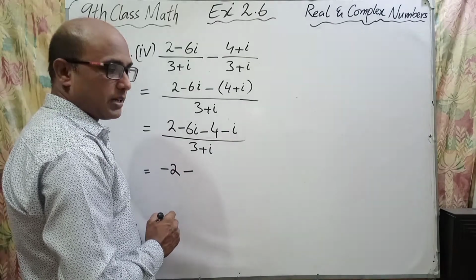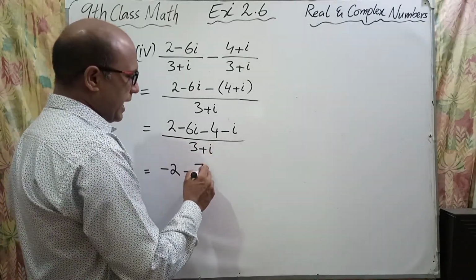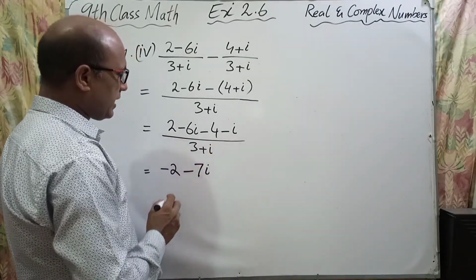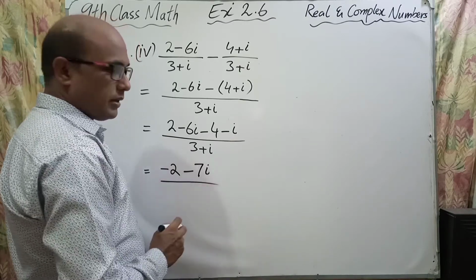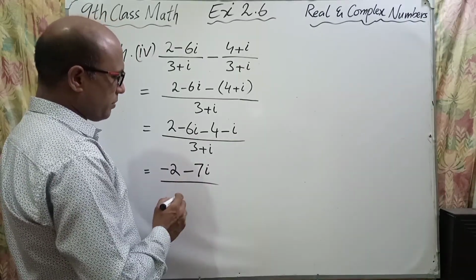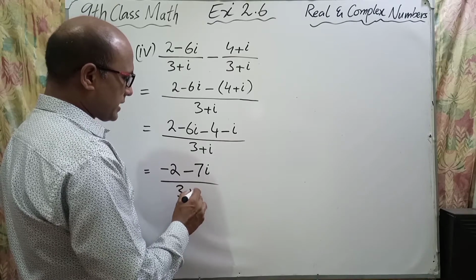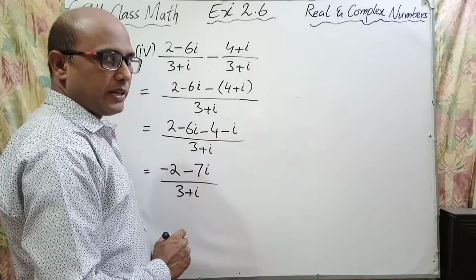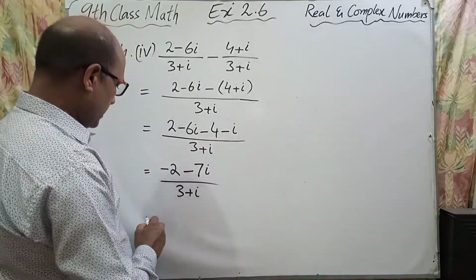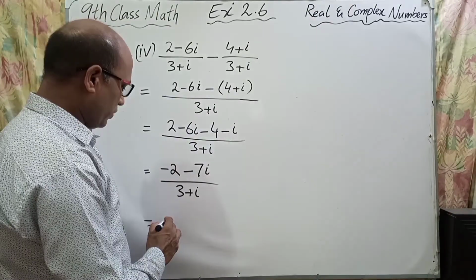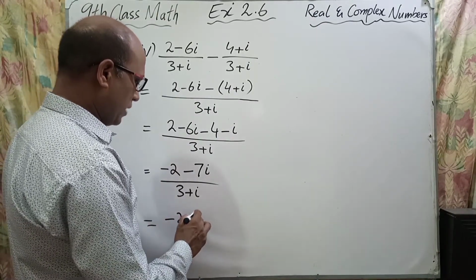The minus sign will be written and both will be added. So 7 iota is the answer of these two terms. So 3 plus iota will be written the same again. In the next step, students, we will see how to do this.